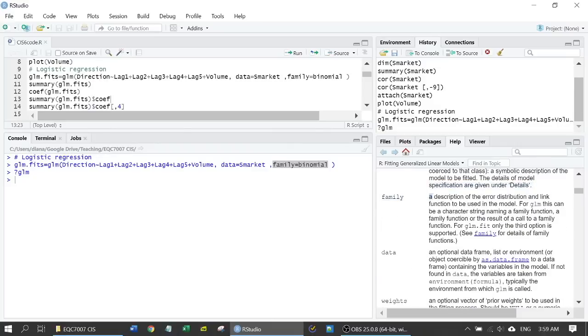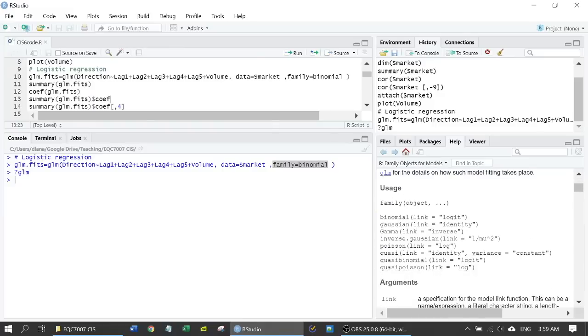This is a description of the family. If you want to see other types of family other than binomial, you can click this one. We have Gaussian, Gamma, Poisson, and some other family members. But here, because we want to use a logistic regression, the family is set to binomial.